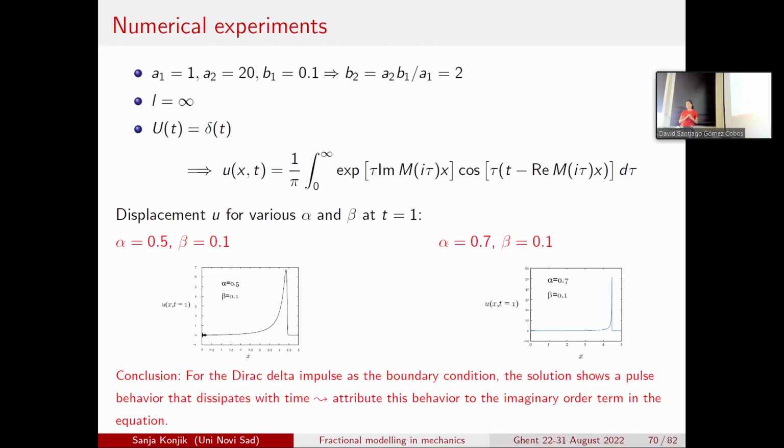But since it was not theoretically approved, or there was no evidence from the analytical point of view that something like that can happen, they concluded that it is a consequence of the measurement instruments, which are not precise, and then such pulse behavior appears in the beginning. But with this model and with complex order derivatives, we can now also theoretically describe this situation, which is also experimentally verified.